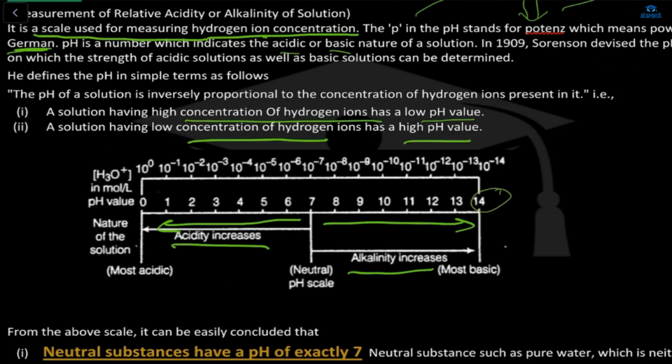Means 14 is a high pH value in terms of the basic part, and 1 is a low pH value in terms of the acidic part.